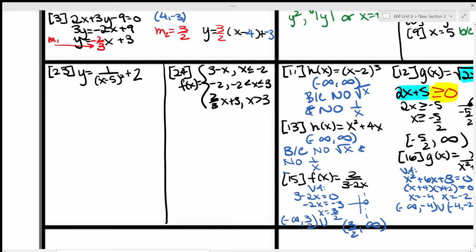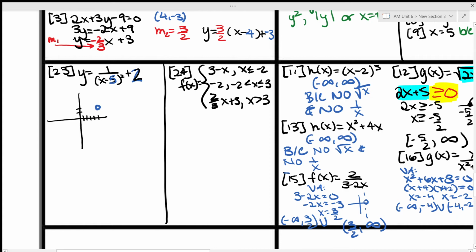Okay, here we go. So, shall I do number 23 first? Might as well do them in order. Okay, so 23, we're going to plot our HK. What is our HK in this one? 5, 2. So it came from this one and this one.